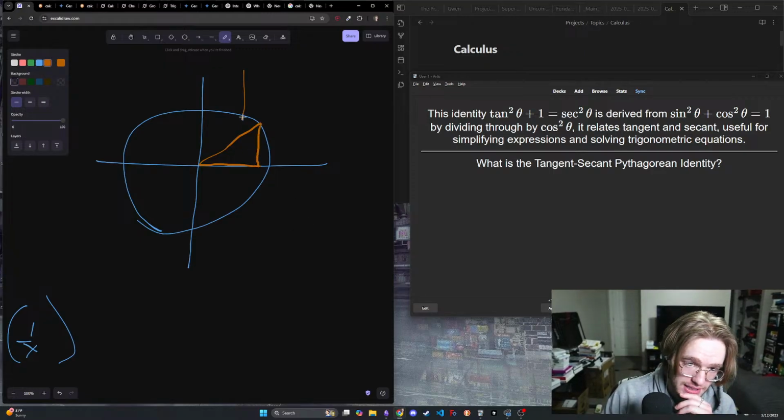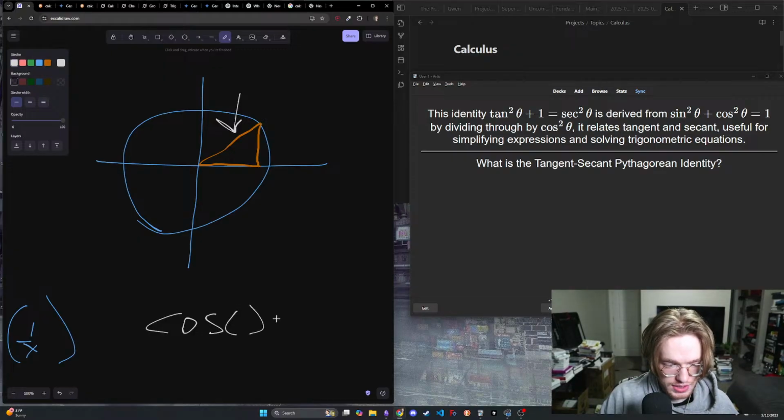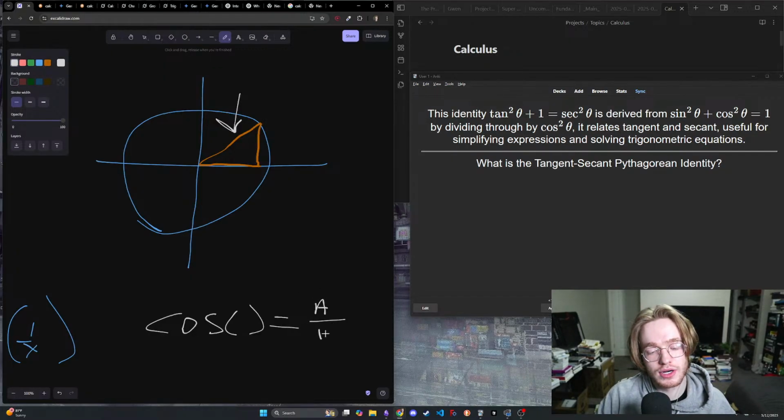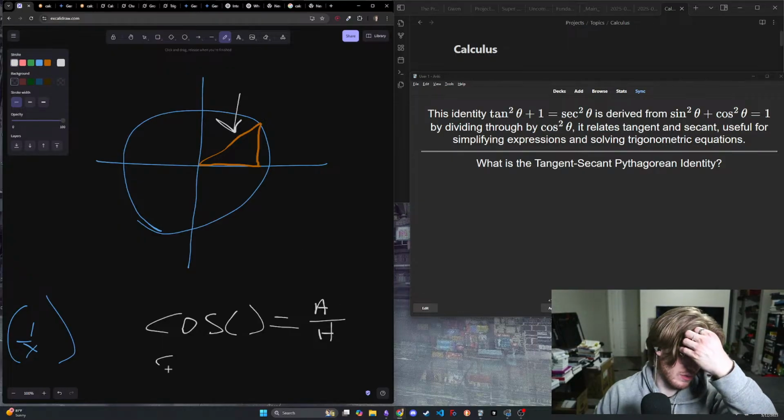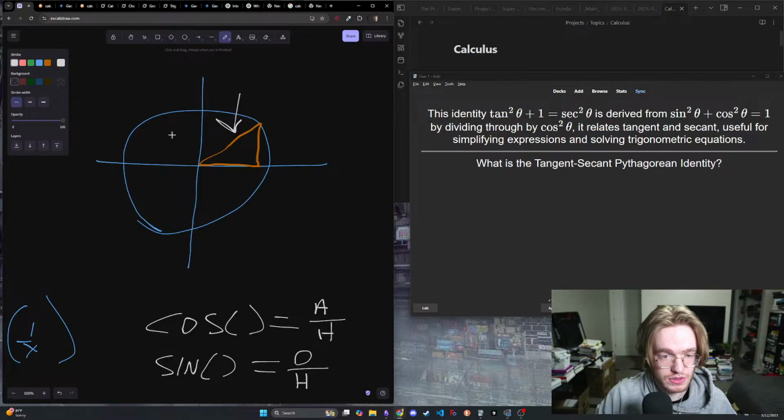So being that the hypotenuse is always of length 1, if we have a cosine, which is, let's see, cosine, which is the adjacent over hypotenuse, or the sine equals the opposite over hypotenuse.